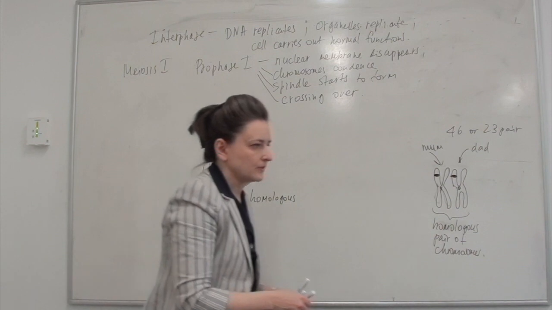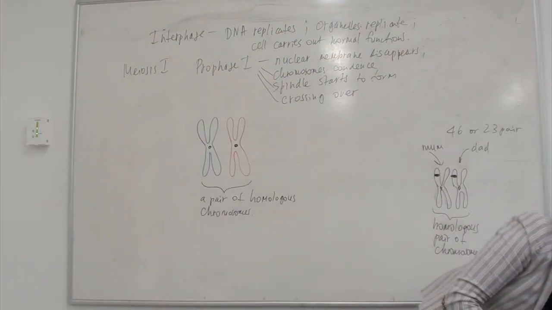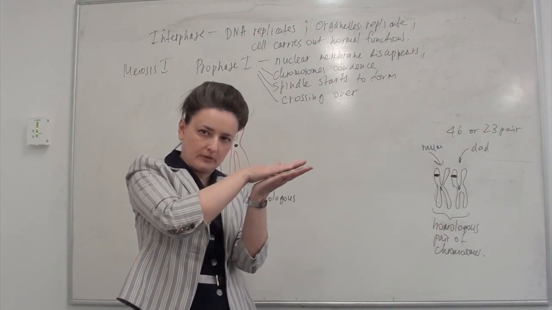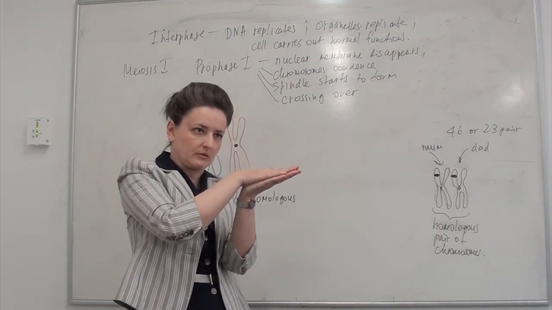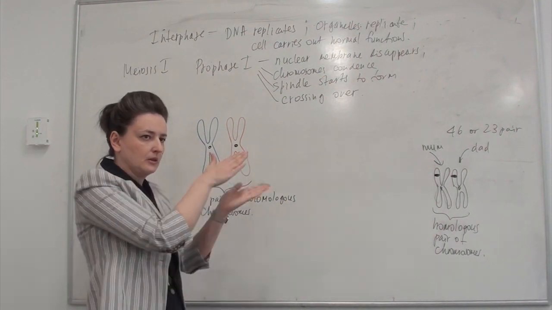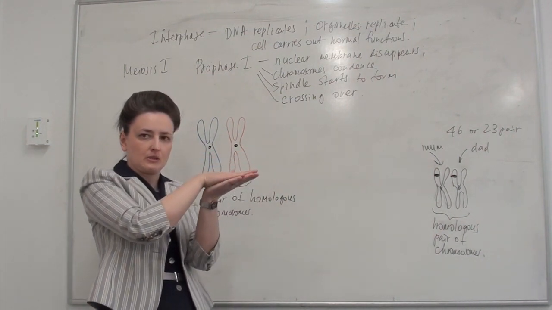These chromosomes, the pairs find each other, and they literally lie on top of each other like that, right? Like two pancakes on top of each other. I can't draw it like that, that's why I'm drawing it side by side. But you have to imagine that's how it happens.